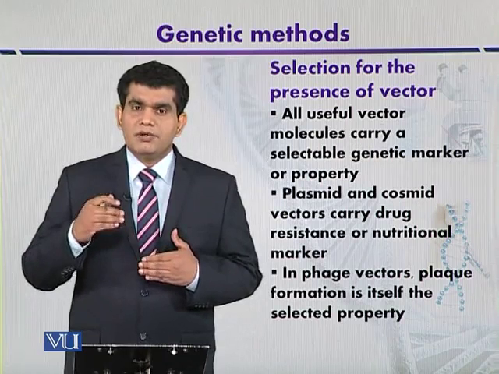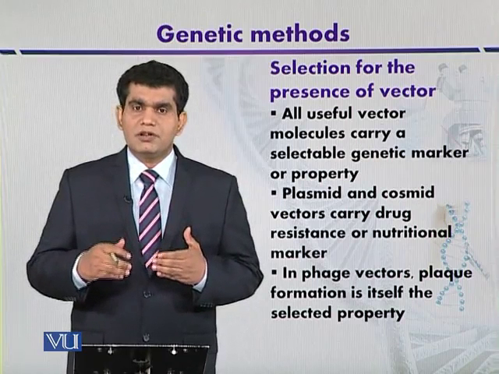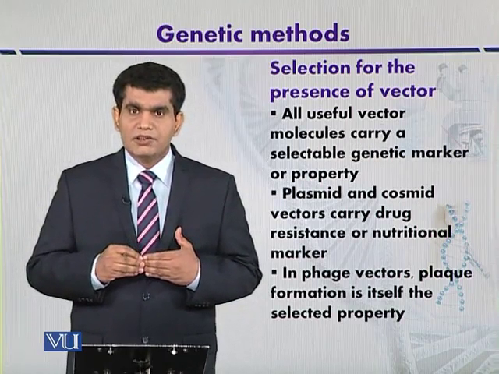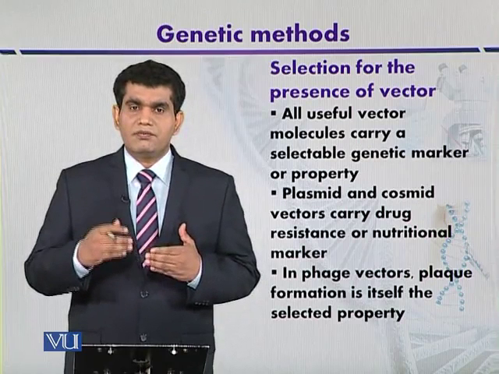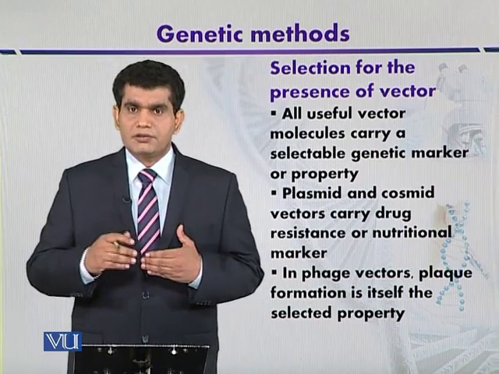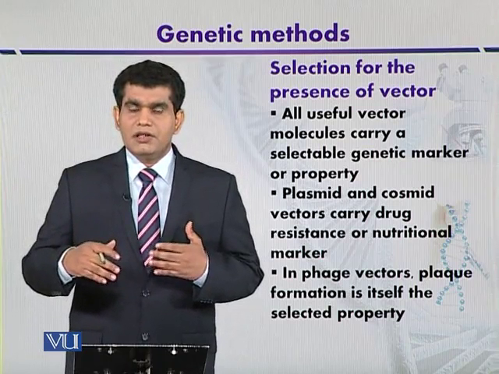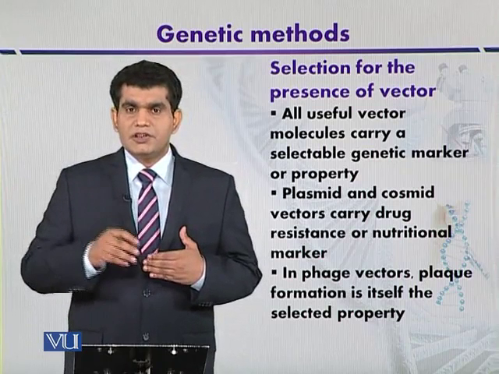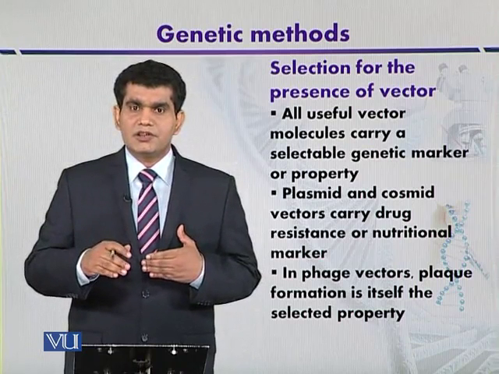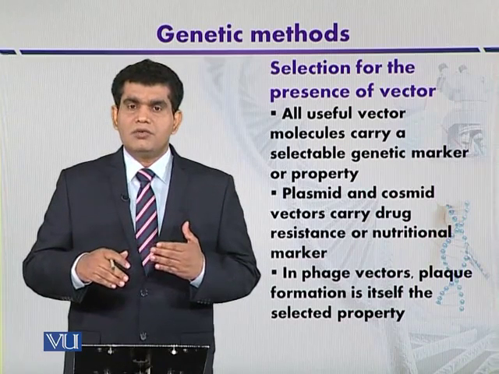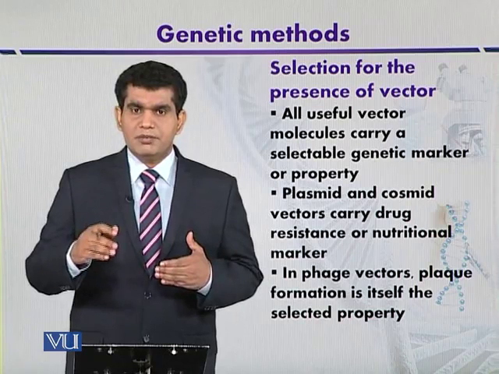If a plasmid or cosmid is used as a cloning vector, then it contains different types of selectable markers. These selectable markers can be drug resistance genes, metal resistance genes, or some nutritional markers may be there.